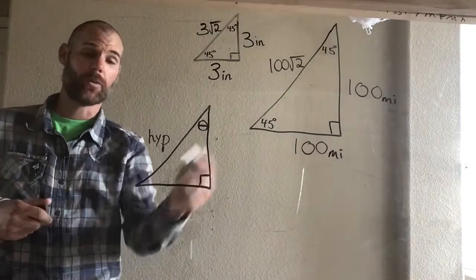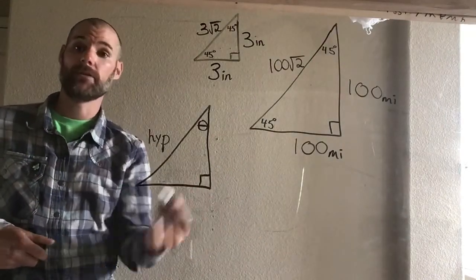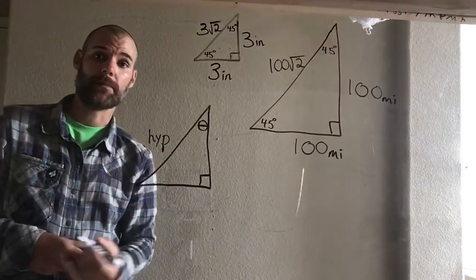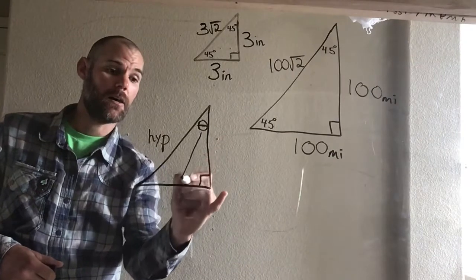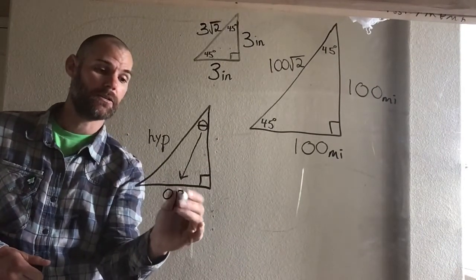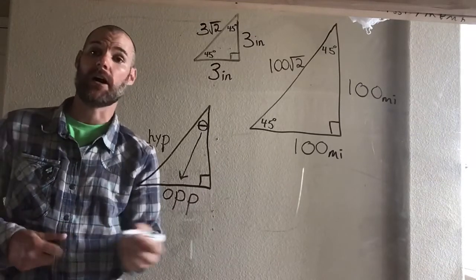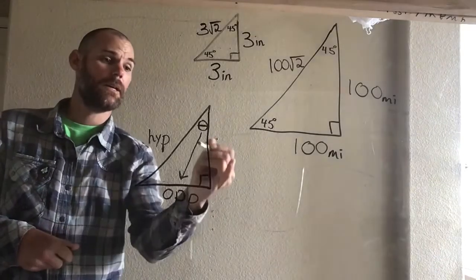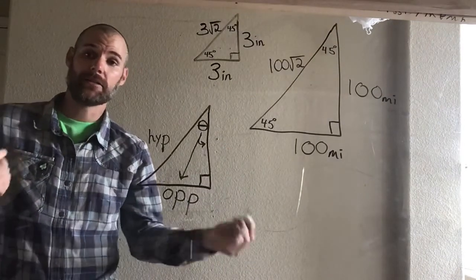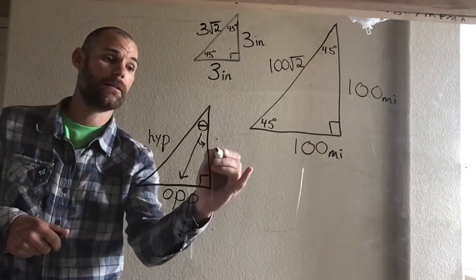It doesn't matter where your reference angle is, because the hypotenuse is always across from 90. But now if my reference angle is up here, then the opposite, directly opposite, is going to be down here. So now this is my opposite because it's opposite that reference angle. And the adjacent, the next to side, is just my leftover leg.